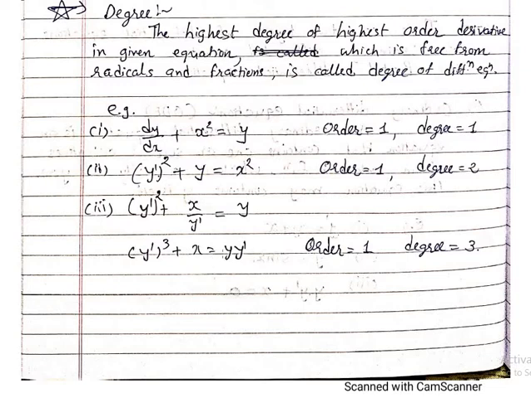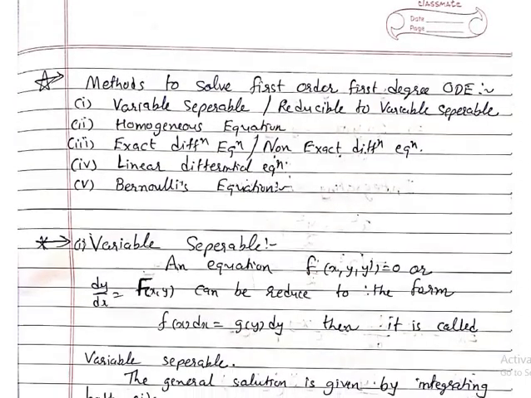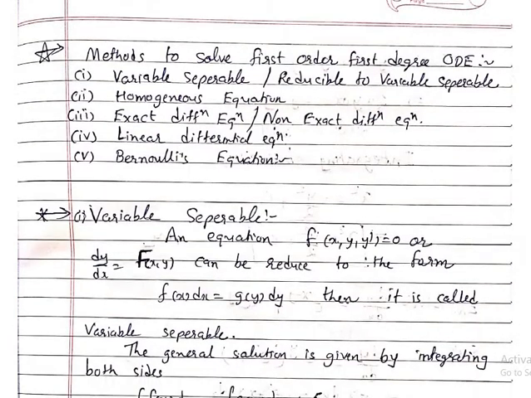Correct? Now there are some methods we are going to use to solve the first order first degree ordinary differential equation. The first one is variable separable and reducible to variable separable.